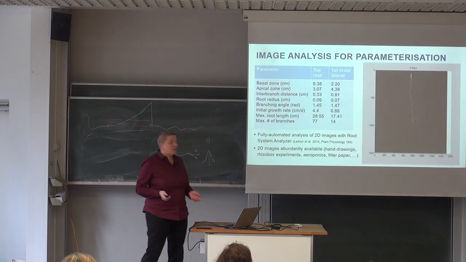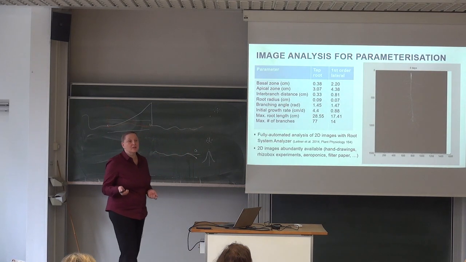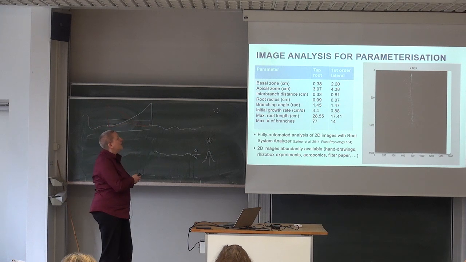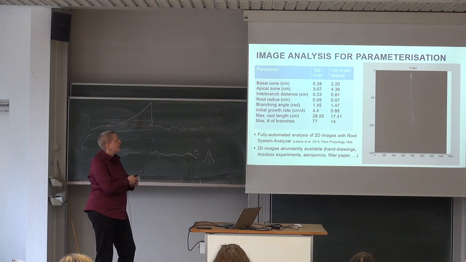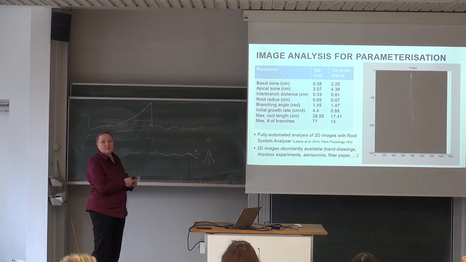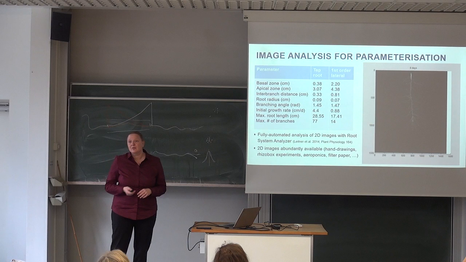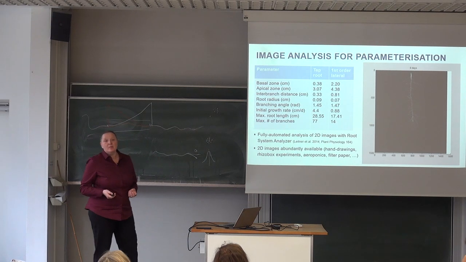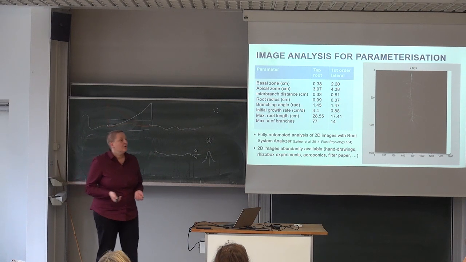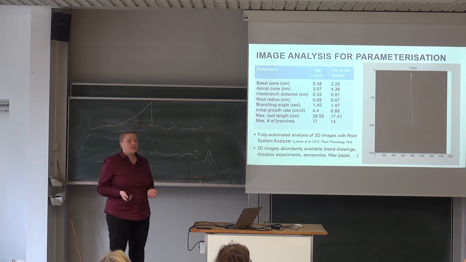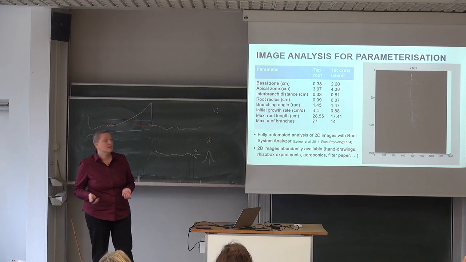Another way to estimate the root architectural parameters needed for the root architecture model, parameters like the basal zone length, the apical zone length, the interbranch distance, the root radius, the branching angle, and so on, is to use 2D images, which are quite abundantly available from rhizotron images, rhizobox experiments, and filter paper experiments.